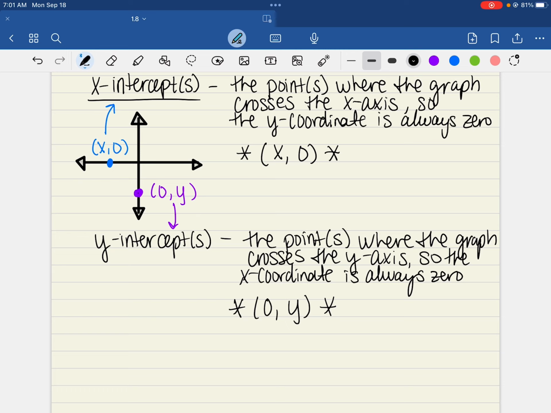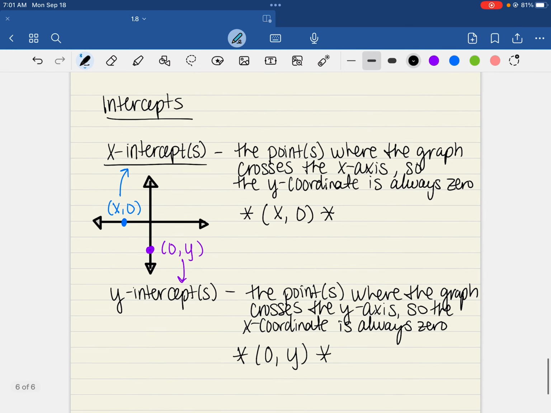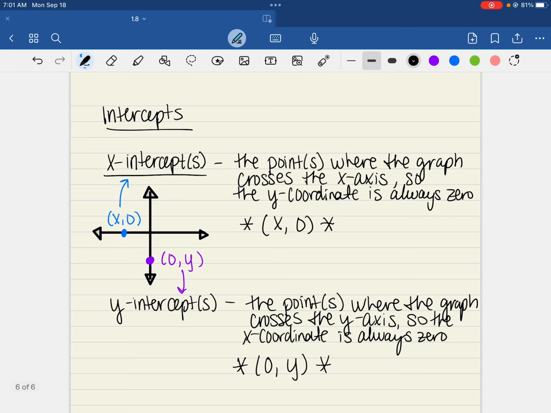Now, let's talk about what that looks like before graphing. Finding an x and y intercept after it's graphed is fairly easy. But what do we do when we are trying to find it without graphing, or before graphing?